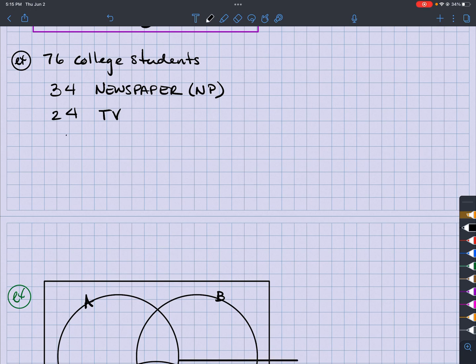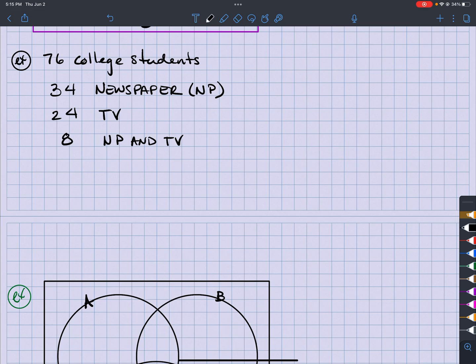And 8 of them get their news from both the newspaper and the television. Okay? So I need to draw a Venn diagram.